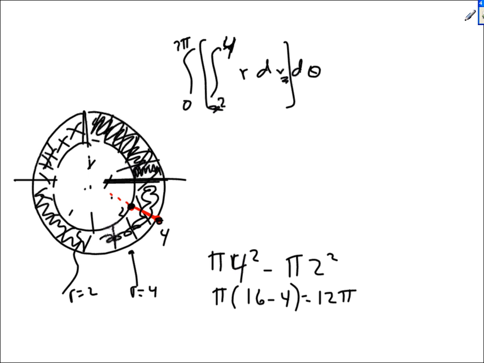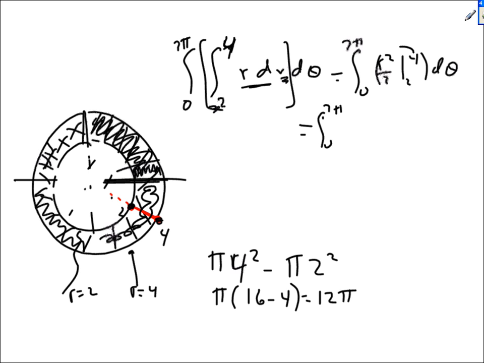Let's work this one out. Integral from 0 to 2 pi. This integral will be r squared over 2 from 2 to 4 times d theta, 0 to 2 pi. Well, when you plug in 4, you get 16 over 2. And when you plug in 2, you get 4 over 2.